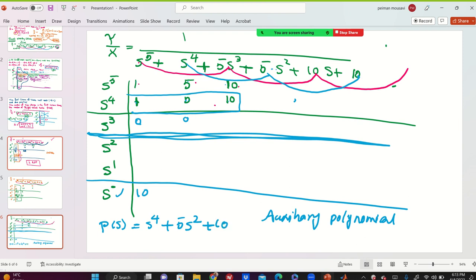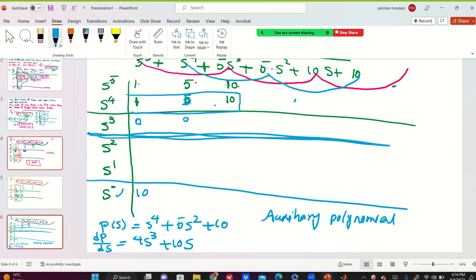Do you see what I'm saying? This is 1 s^4 plus 5 s squared plus 10. Then you take the derivative with respect to s: dP/ds is 4s cubed plus 10s.